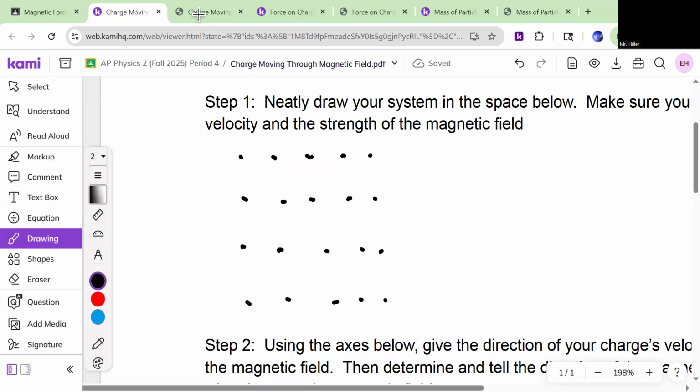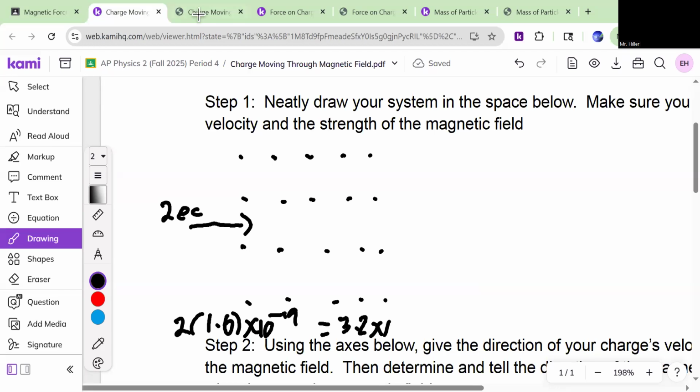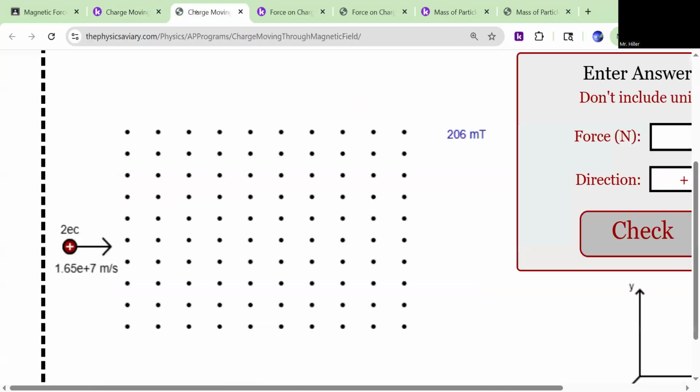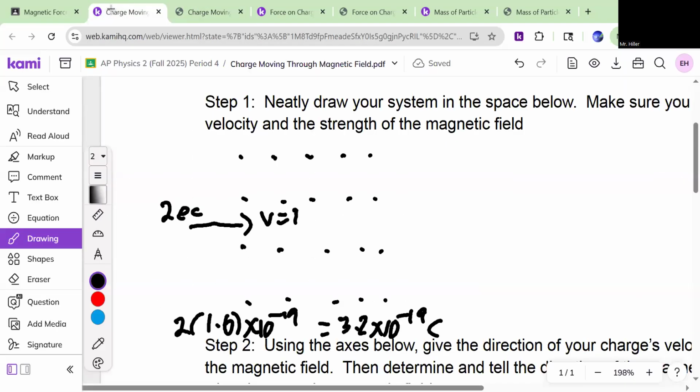Okay, and I have a charge of 2 electrons. So that's going to be 2 times 1.6 times 10 to the negative 19. That would be 3.2 times 10 to the negative 19. So that's going to be our charge. My velocity was 1.65 times 10 to the 7th meters per second.